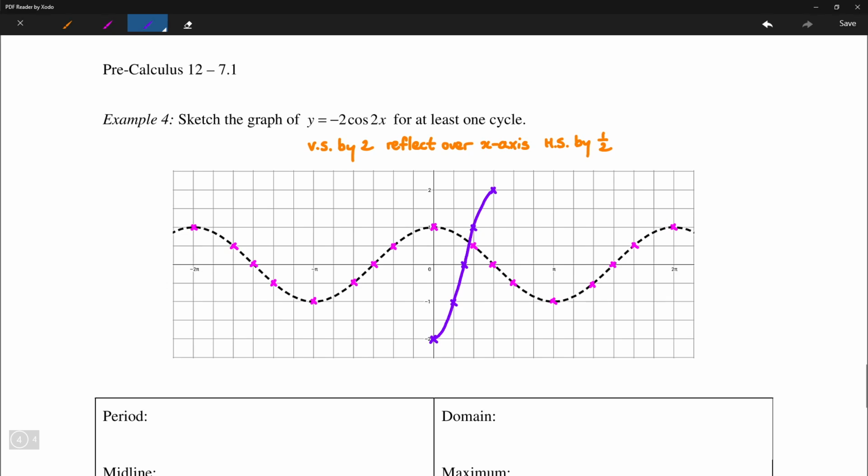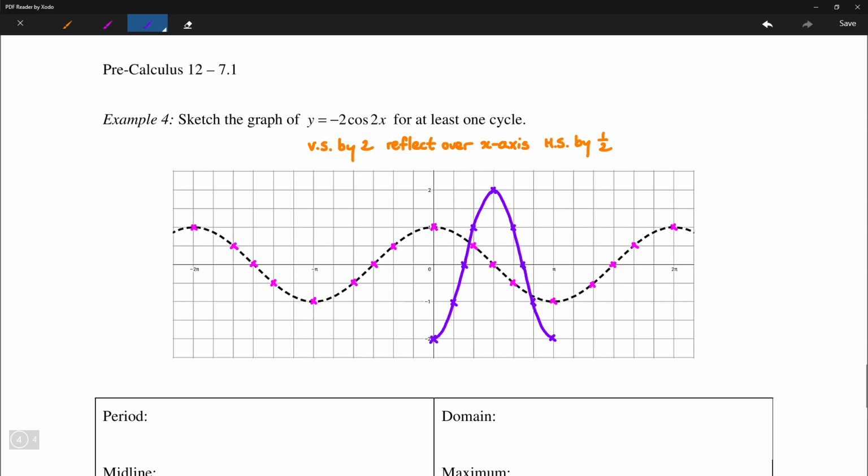So from there, we can use the symmetry of the period to draw the rest of the graph. So here we have the next 4 points. Of course, we can also transform each point individually, but this is probably just faster.